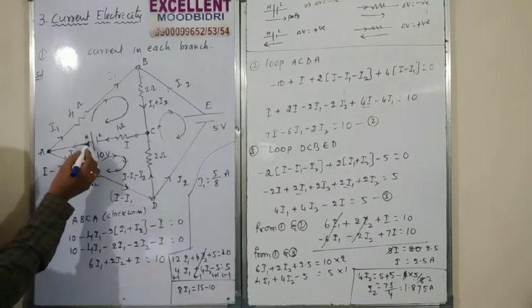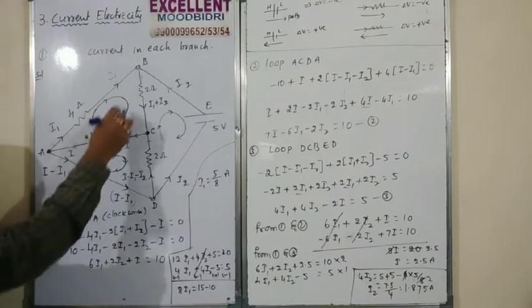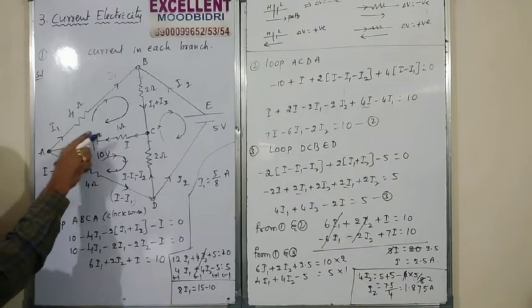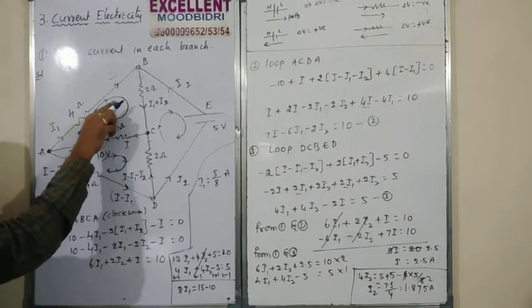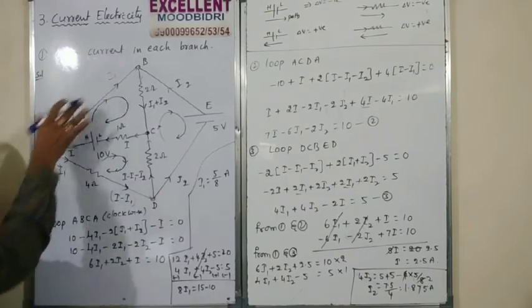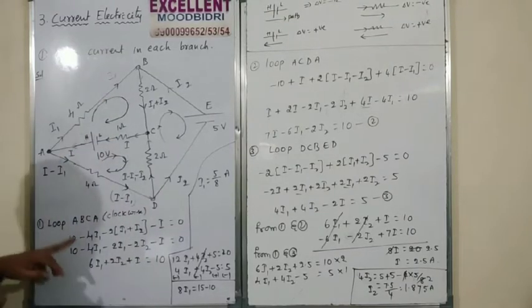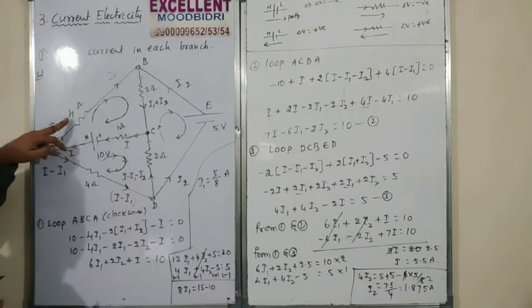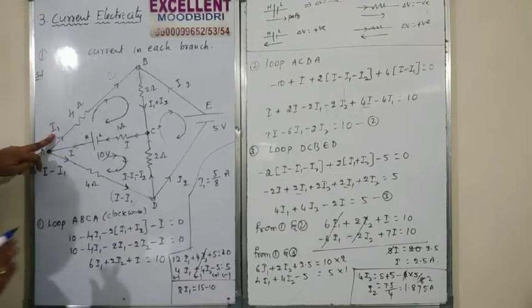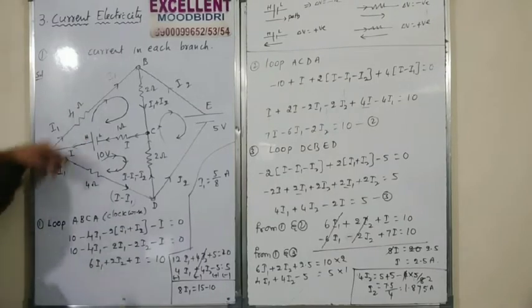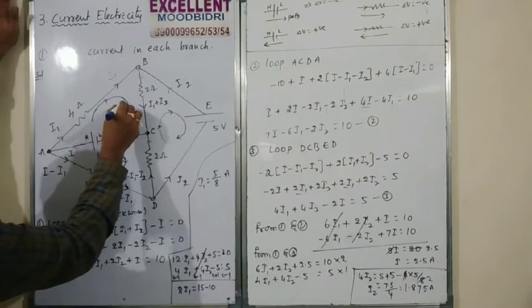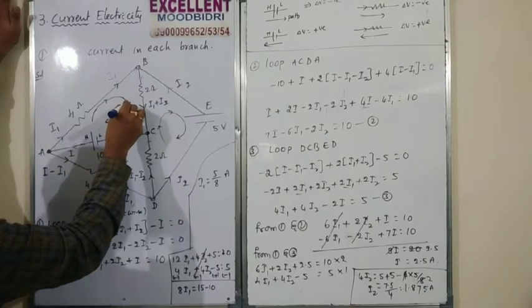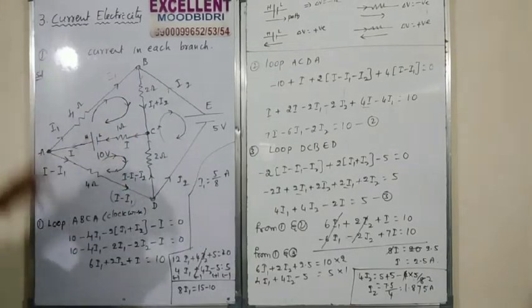Next, this junction of this loop I'm seeing. Here, the direction of current and loop direction are both the same, so minus. Resistance is 4, current is I1, so minus 4I1. Next, current is moving downward, my path direction is also down, both in the same direction means minus.